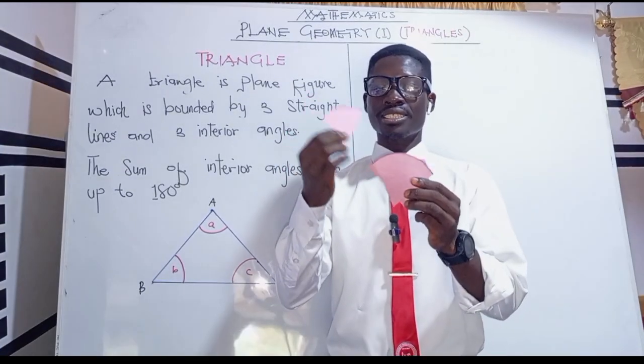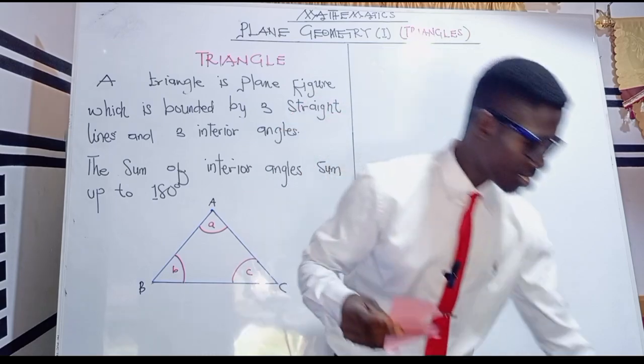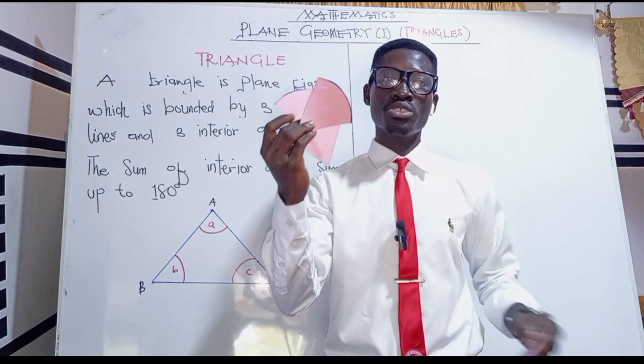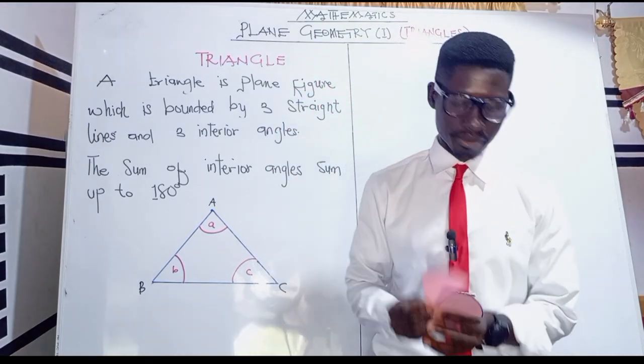So these are the angles that we have detached from the triangle. This is the triangle. These are the angles that we have detached. We are going to arrange them on the number line.